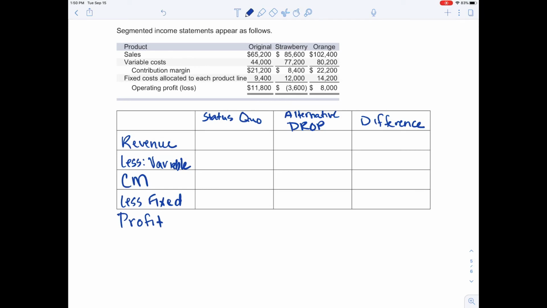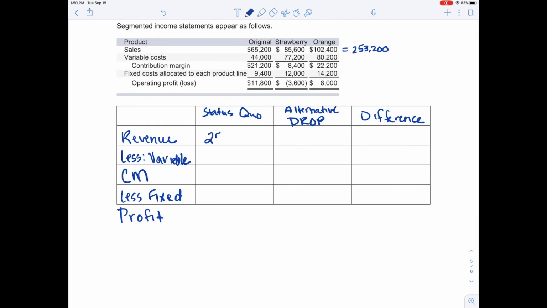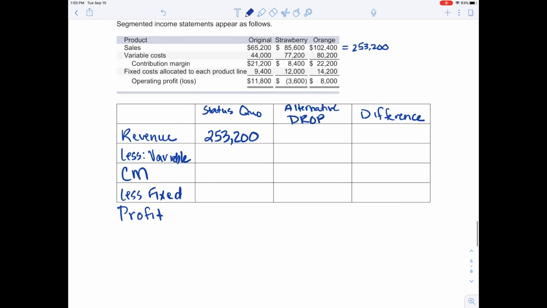So status quo, if I go through and keep everything as is, I'm going to get these numbers just by going through and adding each of these up. So if I add across of 65.2, 85.6, and 102.4, that equals 253,200. I would bring that down to my revenues. Variable costs, same thing. I'm going to add straight across of 44.72 and 80.